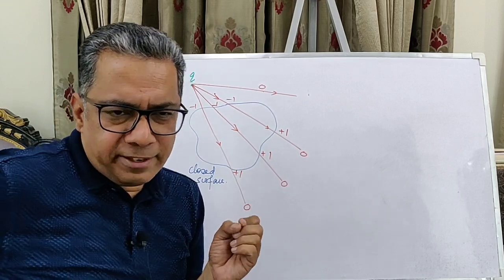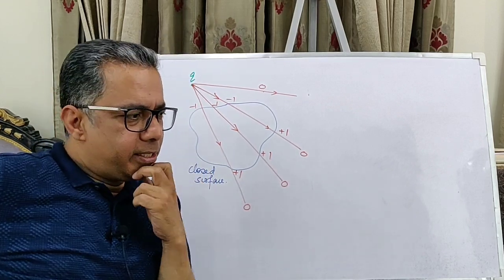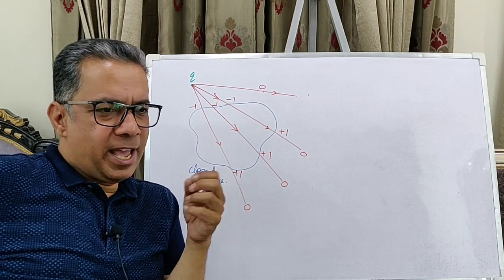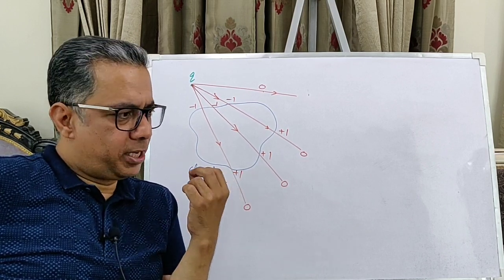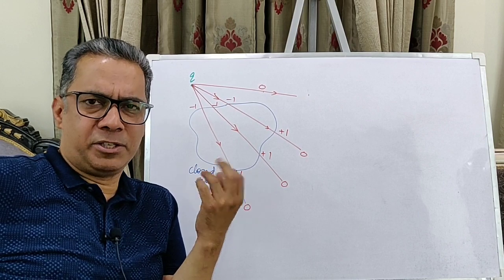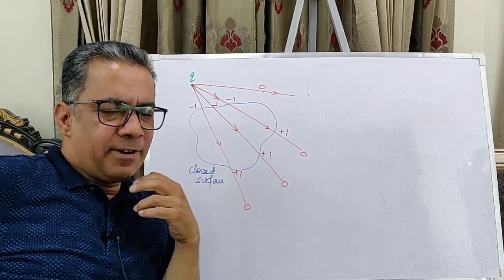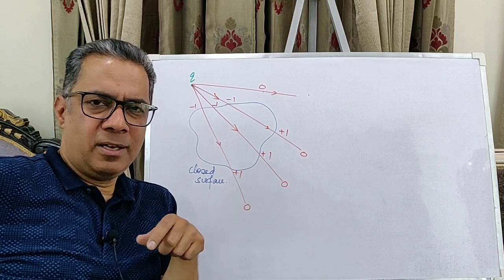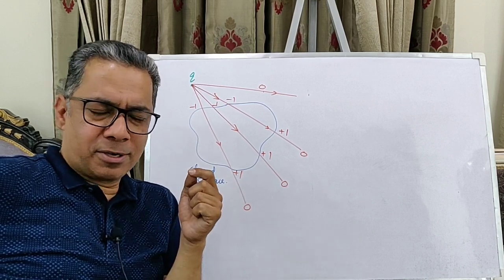So there are two things we have learnt here. First is that if we have a closed surface and we have a charged object kept inside it, having a charge q, then the flux through the surface due to this charge inside it would be q by epsilon naught.